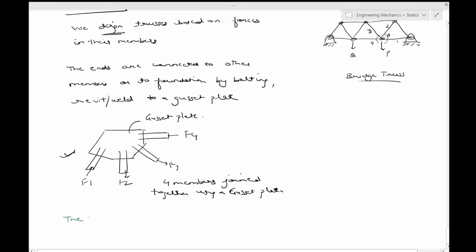The members are long compared to their lateral dimensions. Therefore, they bend easily.